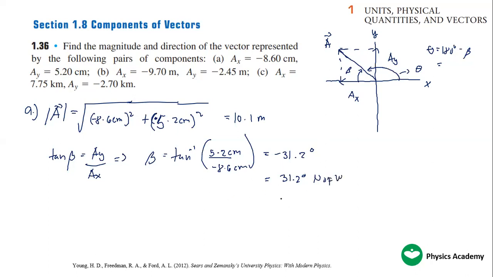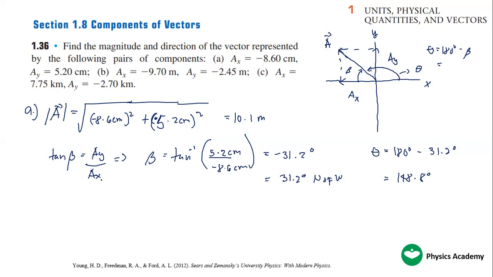That's the direction. But if you want to find this theta, your theta is just equal to 180 degrees minus 31.2 degrees, which gives you 148.8 degrees. That is your final answer.